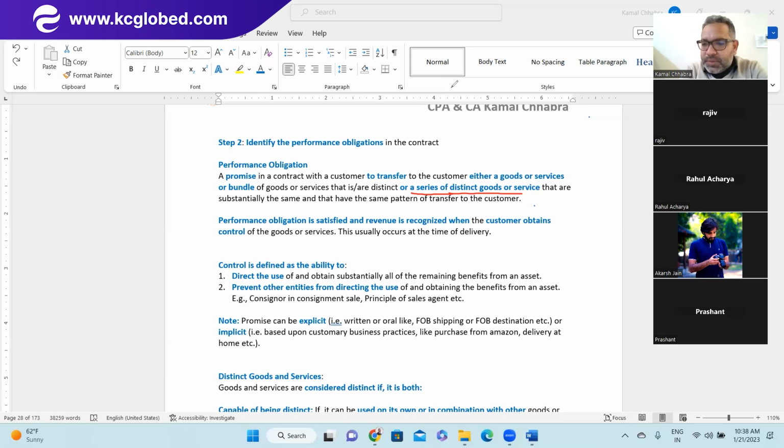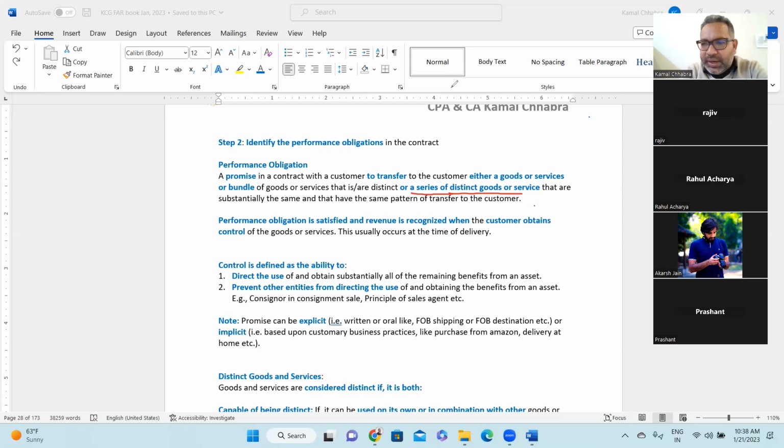In some of your organizations you may have an in-house IT team, or some companies outsource the IT team to TCS, Infosys, Wipro, or many such companies, right? And if you look at it from the IT team side, what kind of goods and services are they providing?